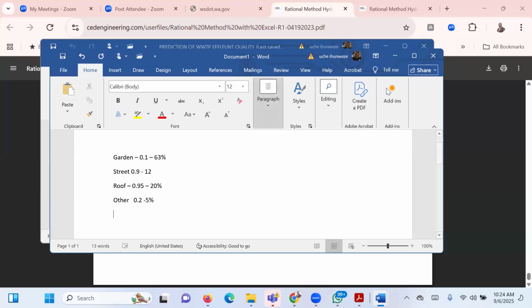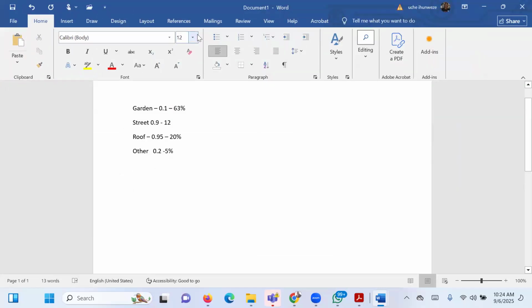So if somebody says to you take the mean, all of us know what the mean is. Normally the mean, normal mean, average. Somebody says, oh, let me just take the average. It is not always the case. It is not accurate. So average will be 0.1 plus 0.9 plus 0.95 plus 0.2.